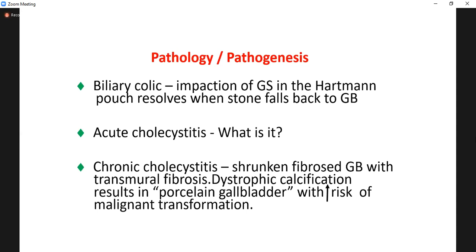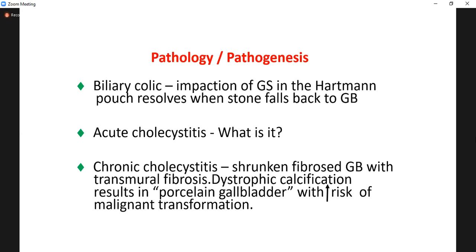Right. So this is what I have already explained to you, the pathogenesis of biliary colic and related complications around the gallbladder. Biliary colic, you should be able to tell me now: impaction of a gallstone in the Hartmann's pouch. The stone moves out of the gallbladder through the opening into the Hartmann's pouch.